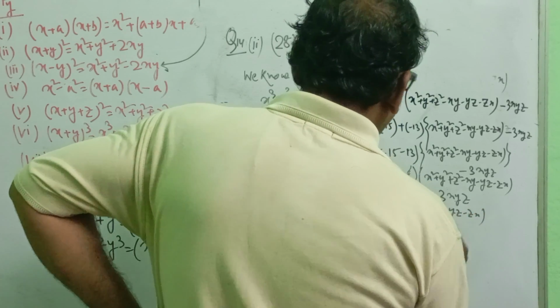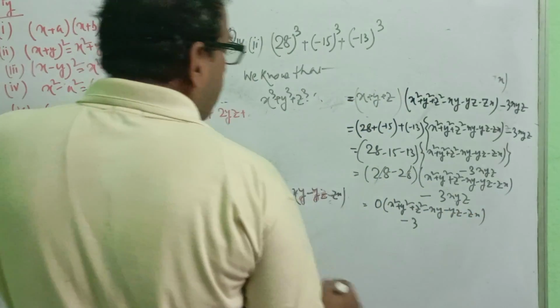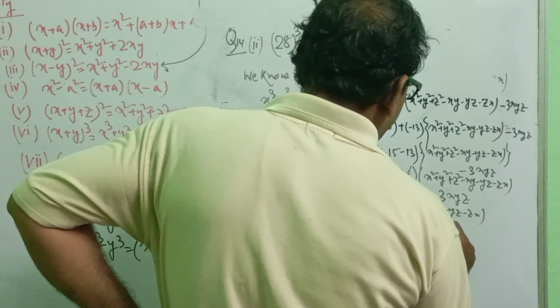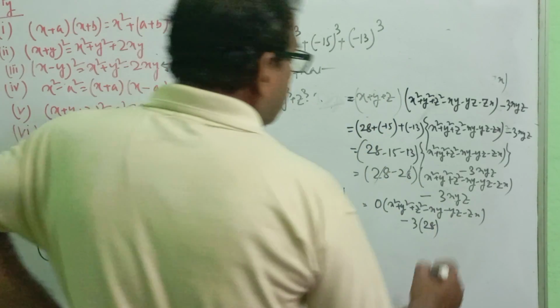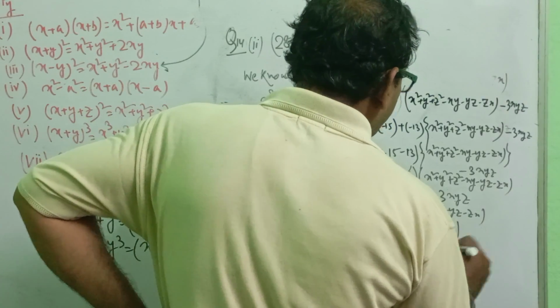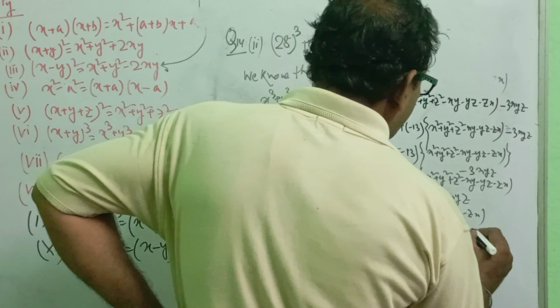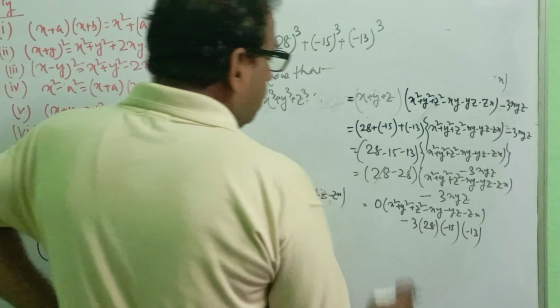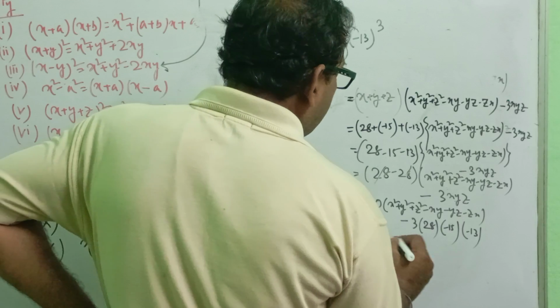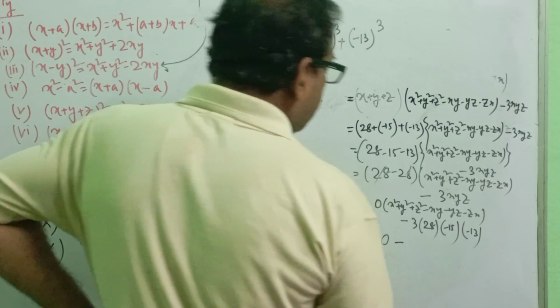And this is minus. What is the value of x? 28. What is the value of y? 15. What is the value of z? This is 0, plus minus minus.